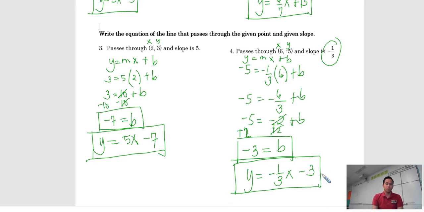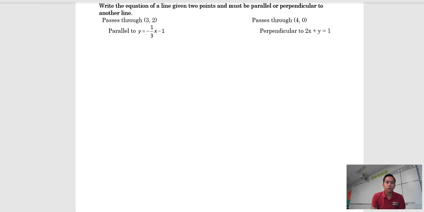Okay, next is write an equation of a line given a point and must be parallel or perpendicular to another line. So we'll be writing an equation that is parallel and perpendicular to the given equations that we have in there.